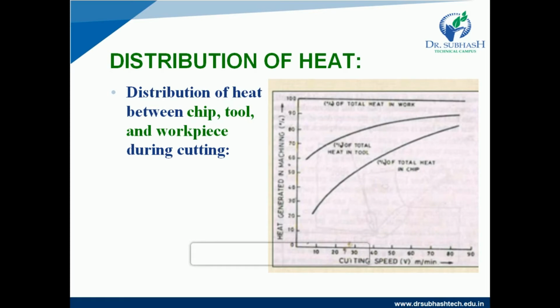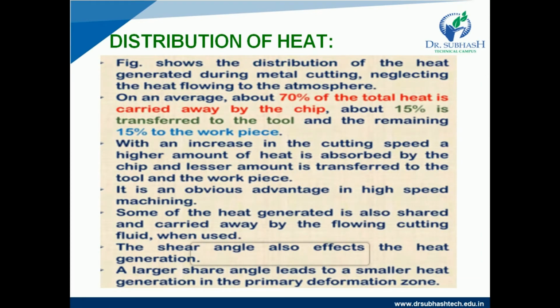When our cutting speed increases, the heat generated in machining percentage-wise will definitely increase. Now you can see in the percentage how much heat will be distributed during the machining operations.